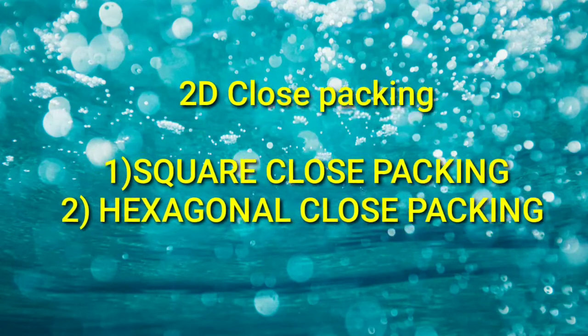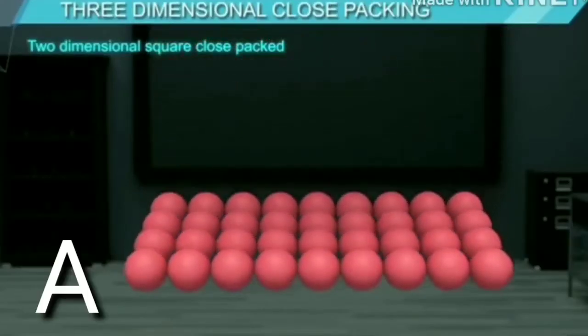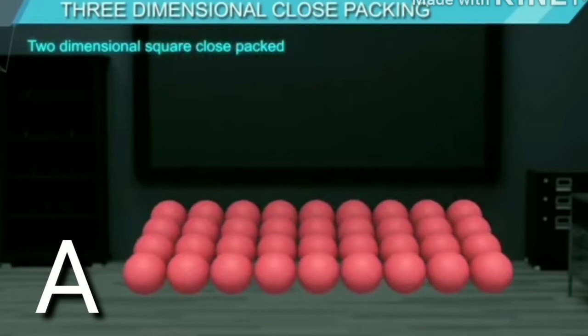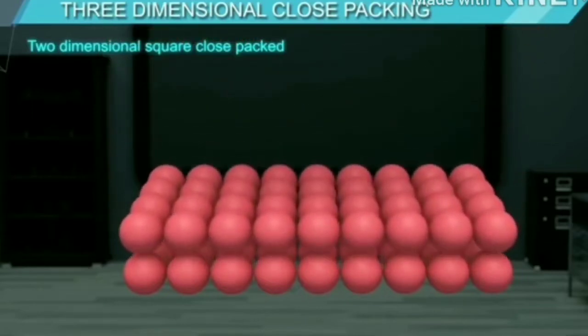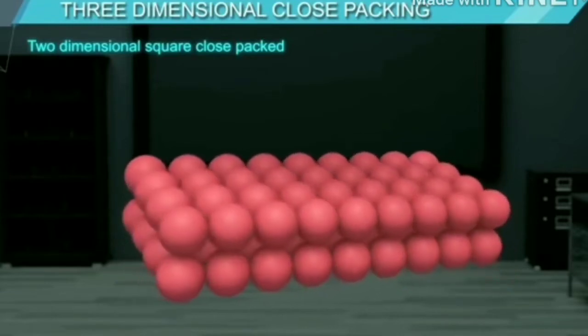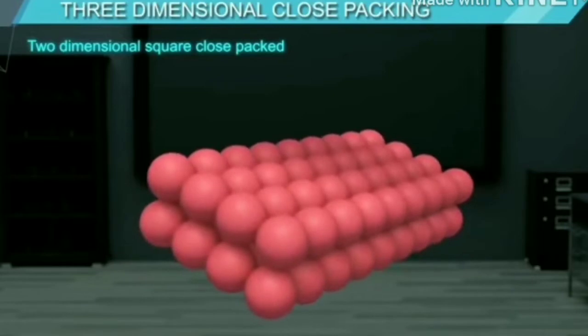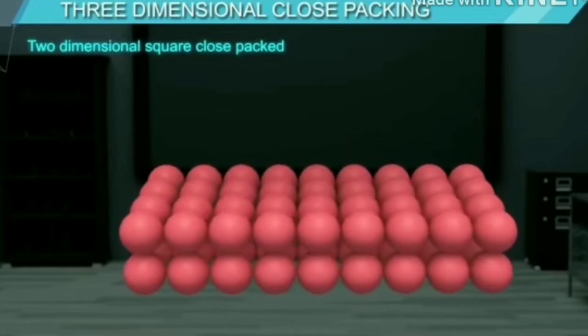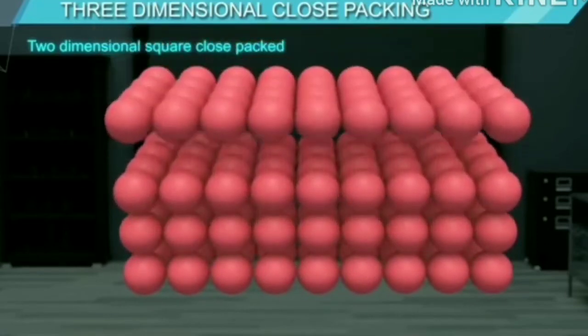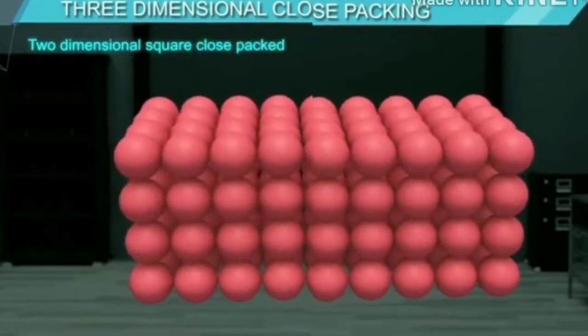First one, three-dimensional close packing from two-dimensional square close packed layers. Here, the first layer is taken as A and the second layer is placed exactly above the first layer, and the third layer is placed exactly above the second layer, and so on.